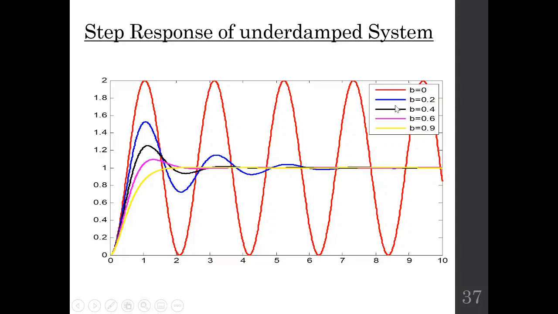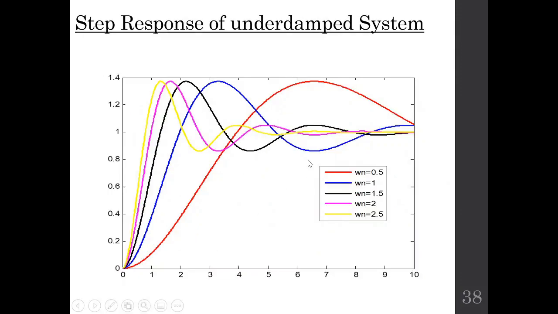And as we increase the value of zeta, we'll see the oscillations start decreasing and we'll get this type of response. So from this graph, you can easily judge what happens when you increase the value of zeta.